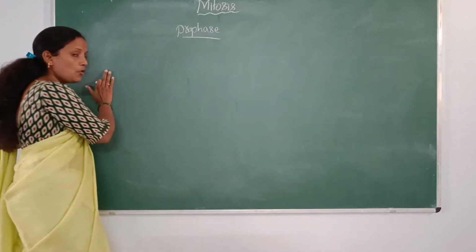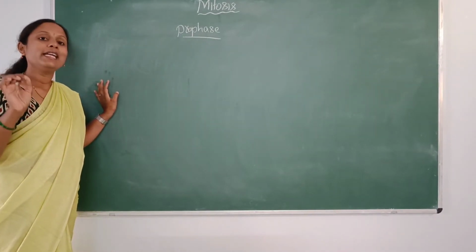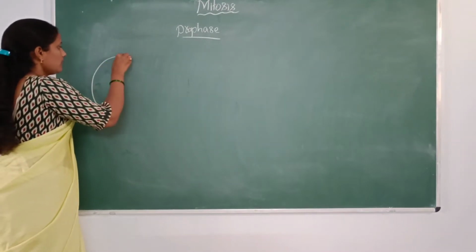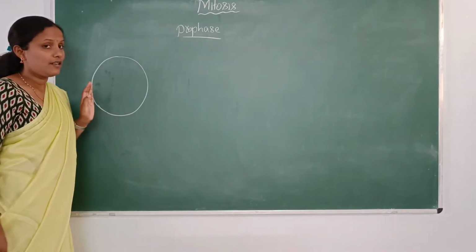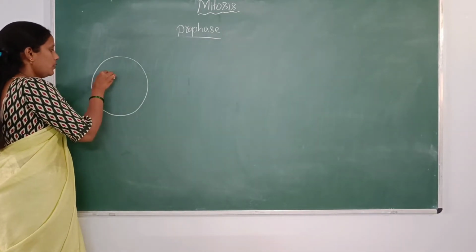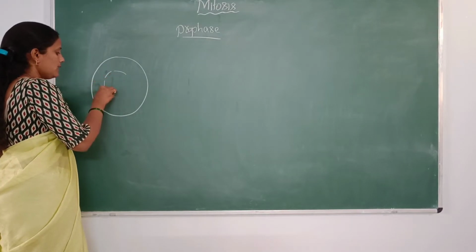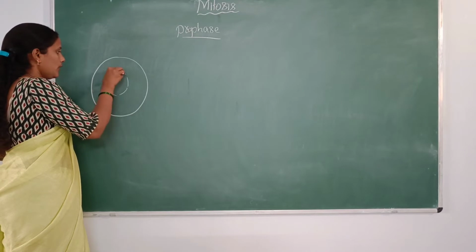So, I draw now the cell which is present in the interphase. This is a cell which is in interphase. Now, there is a nuclear membrane present. So, this is nuclear membrane.